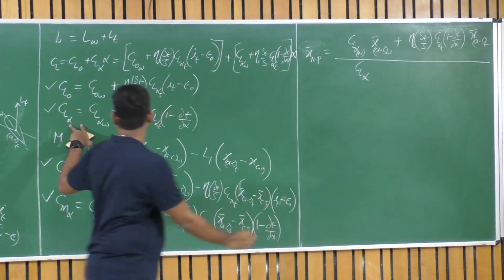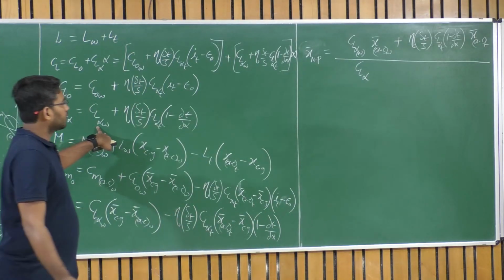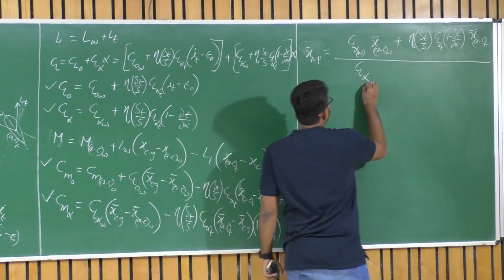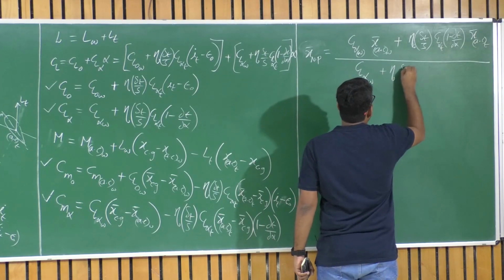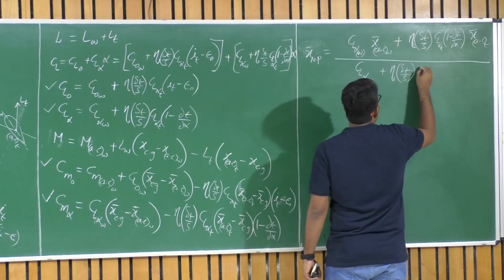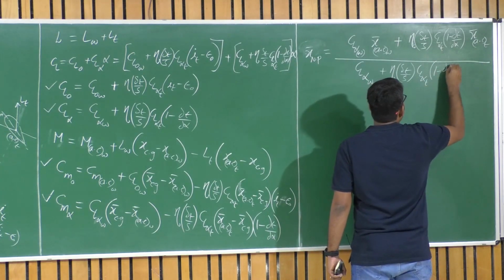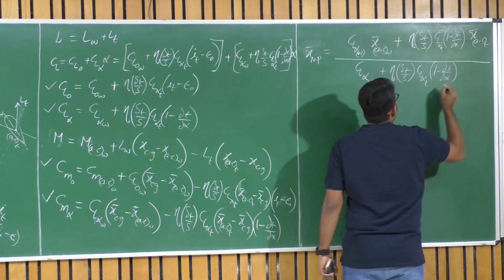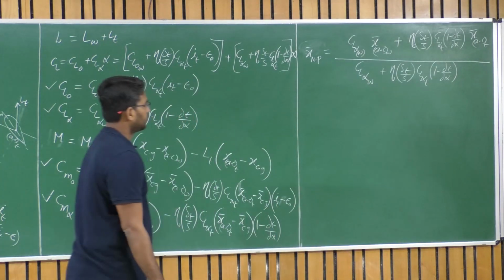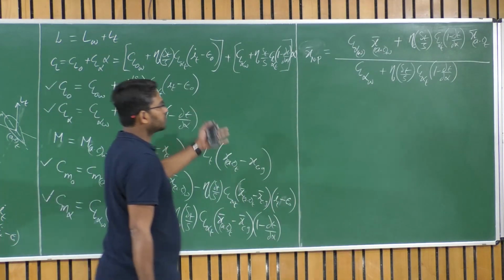What is the total CL alpha of this aircraft? It's CL alpha of the wing plus eta ST upon S, a correction factor to the CL alpha of tail times 1 minus dou epsilon by dou alpha. Okay, this is a neutral point.